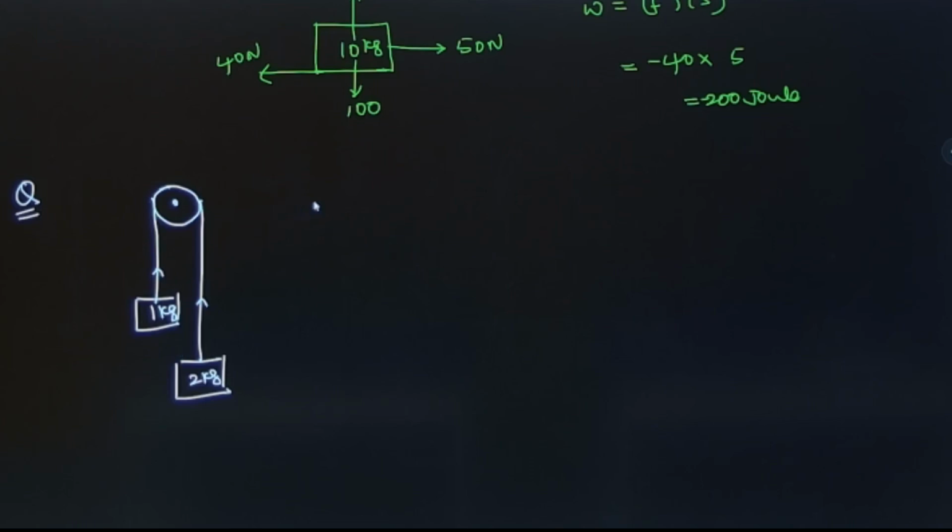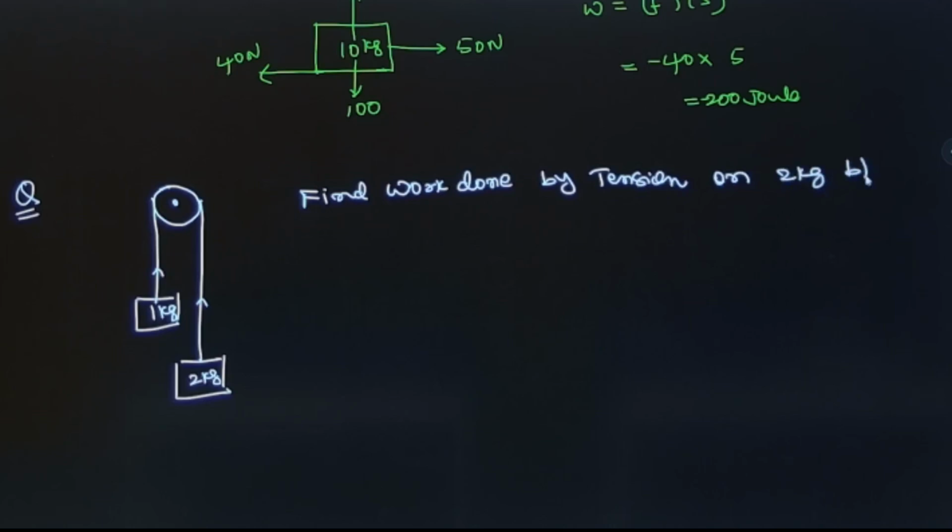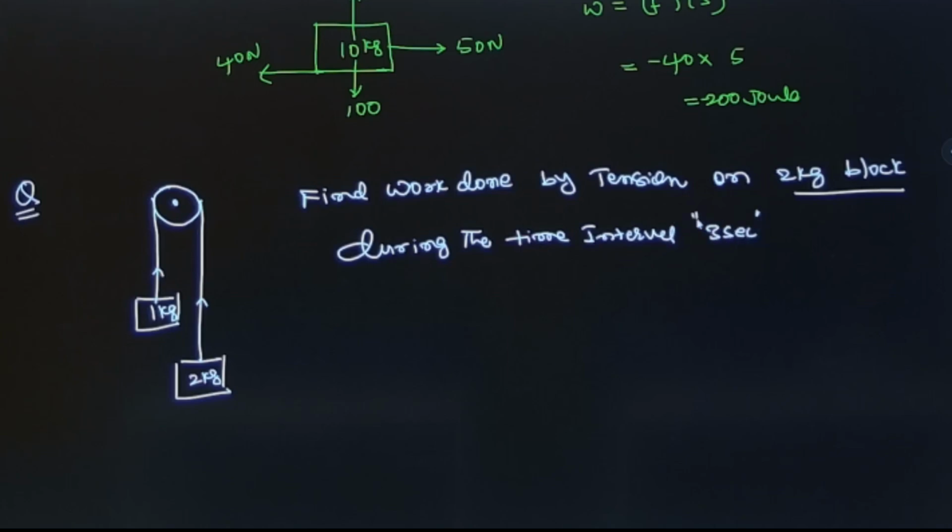Okay, so find the work done by tension on the 2 kg block during the time interval of 3 seconds after release.